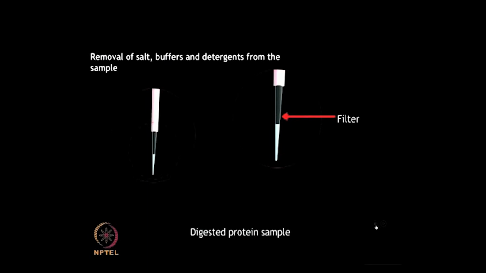It offers several advantages such as quick purification, sample enrichment, and ensures that there is no contamination. So, there are multiple advantages of using zip tips. However, it can purify only a limited volume of the sample, and it also absorbs some amount of the protein sample, thereby leading to losses.